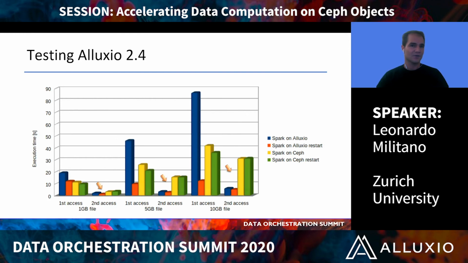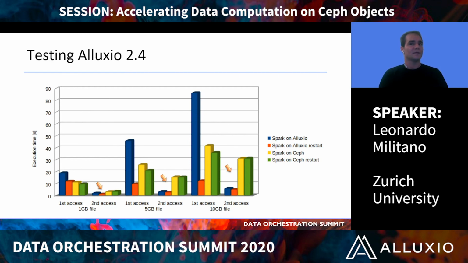So we repeated the whole setup. We repeated all the analysis we did before with version 2.4. And in particular, what I present here in the slides are the results for the cluster setup. Here again, we see a similar behavior. Of course, what happens now is, since we are using Java 11, the performance in all cases is much better. And we see here that the maximum value is about 85 seconds, which is way less than what we saw before.